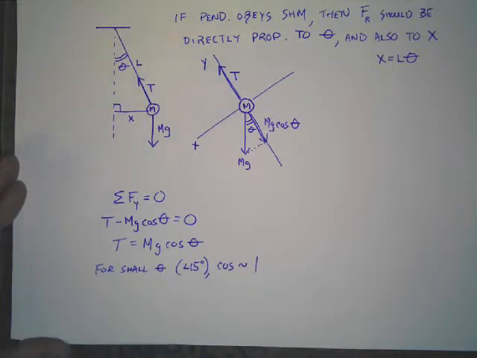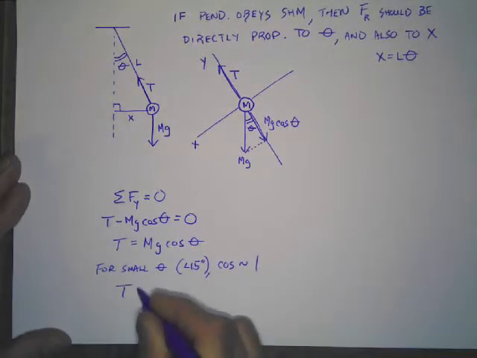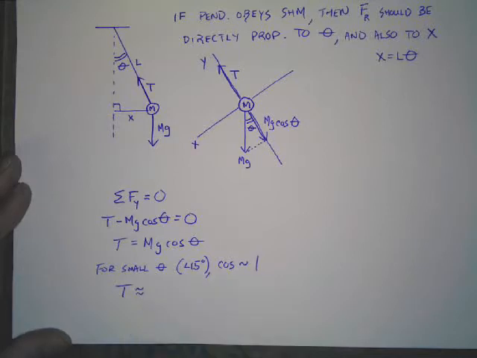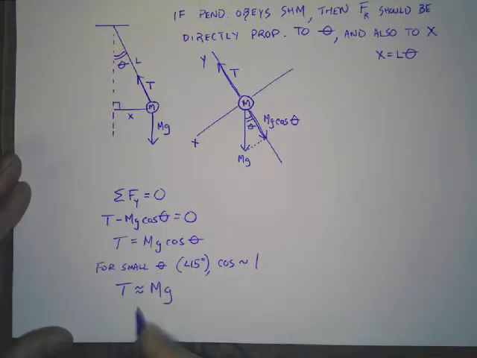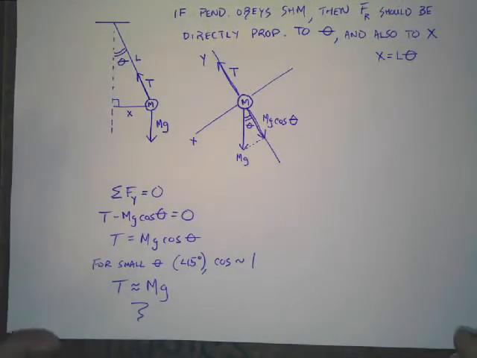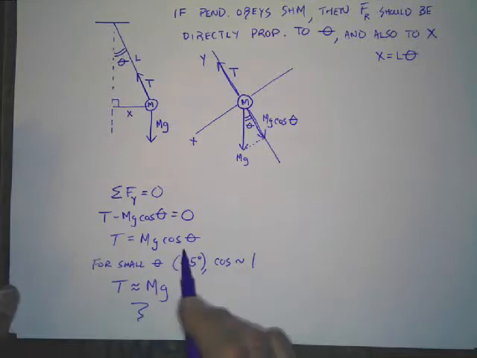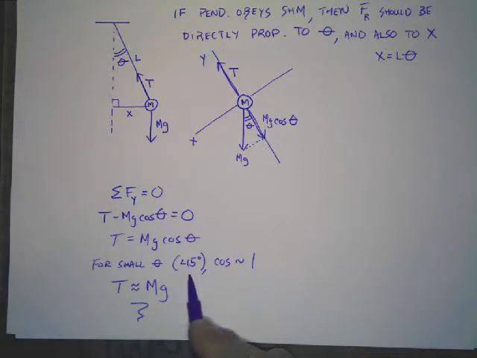So basically the tension is pretty much equal to the weight of the object. That's an approximation, right? The cosine of theta isn't exactly equal to 1 unless the angle is 0. But if the angle is close to 0, the cosine is very close to 1. You can try that on your calculators. So anyway, that's kind of a neat little result.